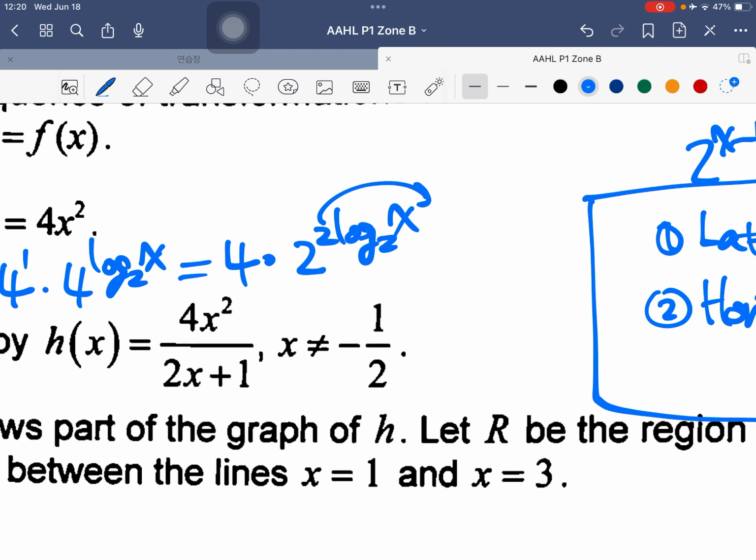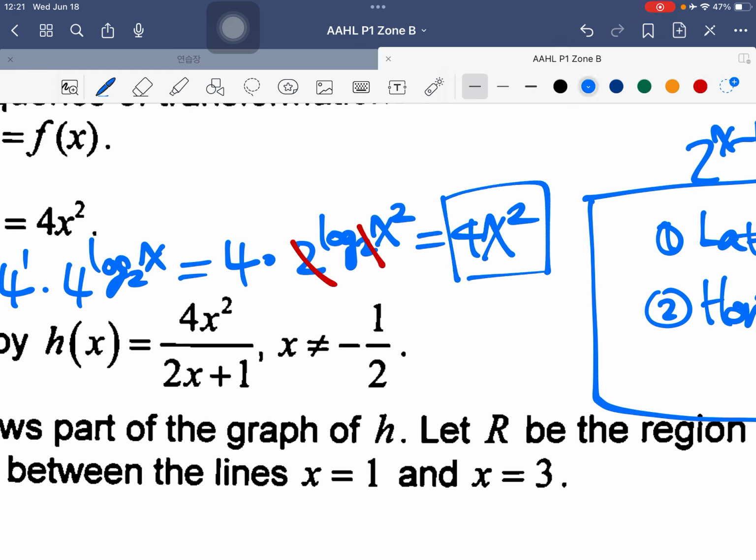This 2 can go up there, so we can express this as log base 2 of x squared, and then the 2 cancels out, and it becomes 4 times x squared.